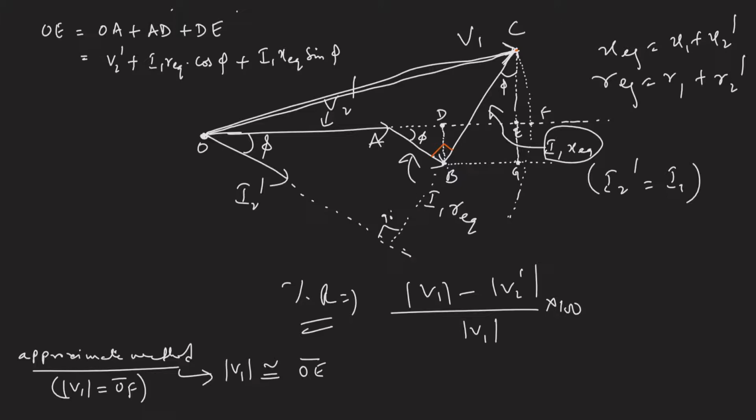So now OE is V1, right? So from here, V1 minus V2 prime is equal to I1 R equivalent cos phi plus I1 X equivalent sin phi.